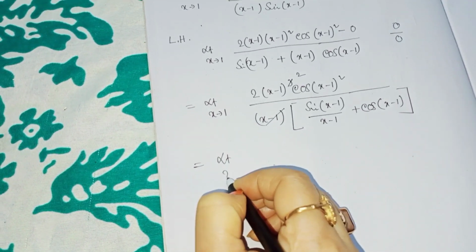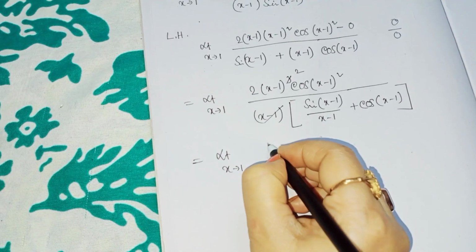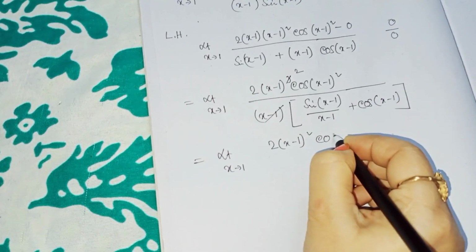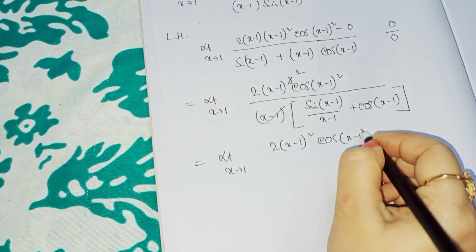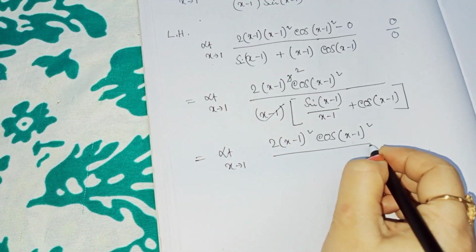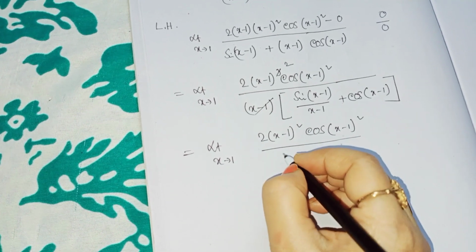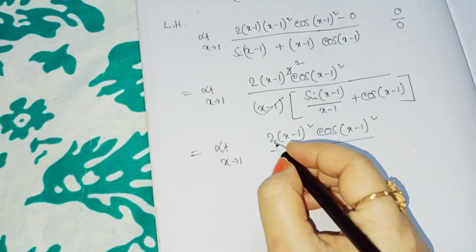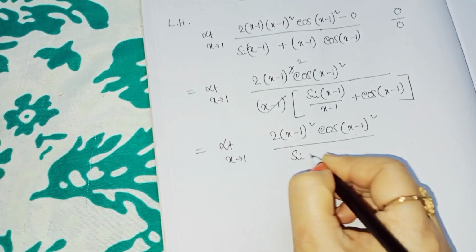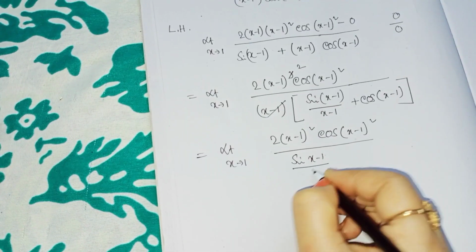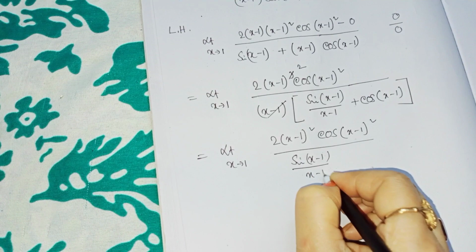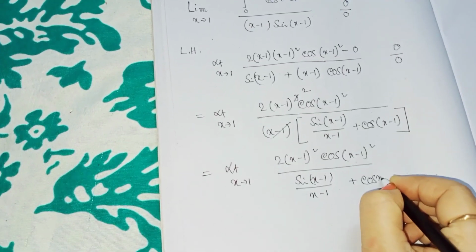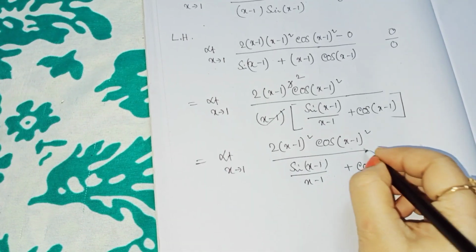So it is limit x tends to 1, 2(x minus 1) cos of (x minus 1) whole square, and here we get the denominator 1 plus cos of (x minus 1).